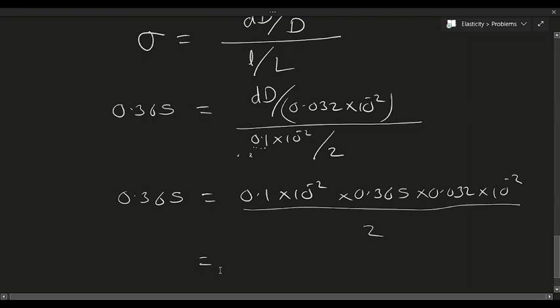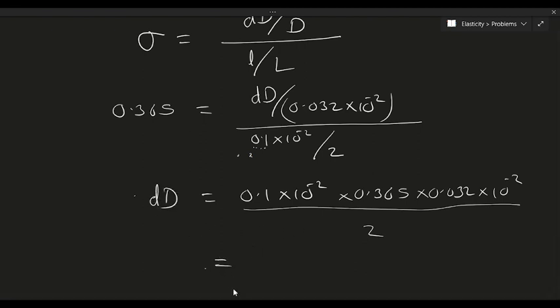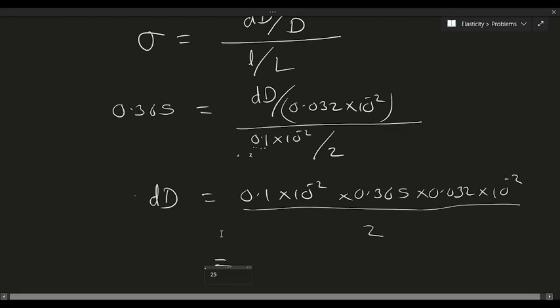After calculating, dD, the change in diameter on the left hand side, finally is 5.84 into 10 raised to minus 8 meter. This is the change in diameter.